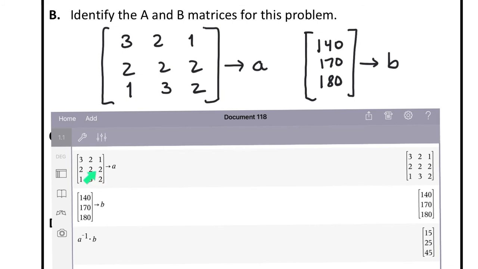So for this one, I made the same matrix, called it A. This matrix is B. I did A to the power -1 times B, and that gave me 15, 25, and 45. But remember we said hats, t-shirts, and jackets. So the 15 corresponds to hats. The 25 corresponds to t-shirts. And the 45 corresponds to jackets.